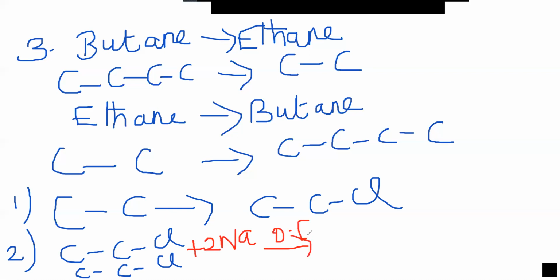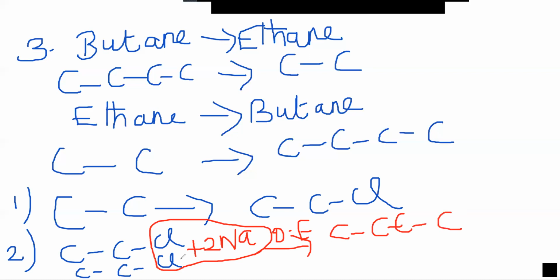Now NaCl is removed, and 4 carbons will be connected to each other. So ethane gets converted into butane. If you want, you can write the hydrogens later on. Just from looking at the skeleton, it is easy for you to finish the conversion.